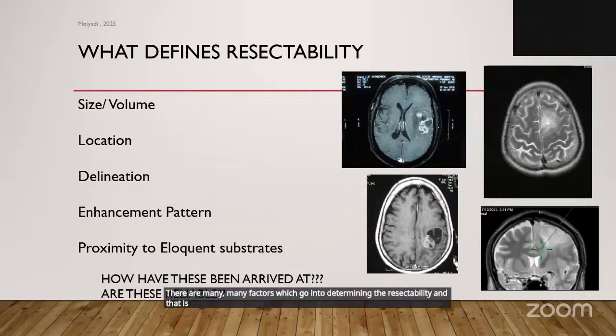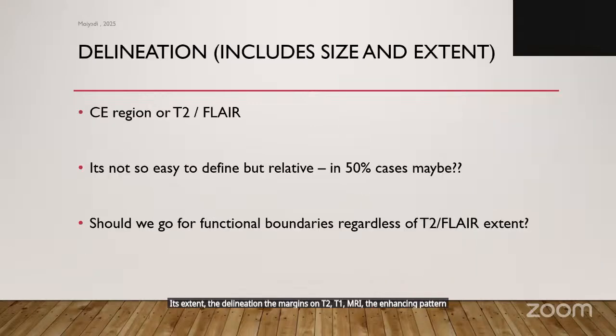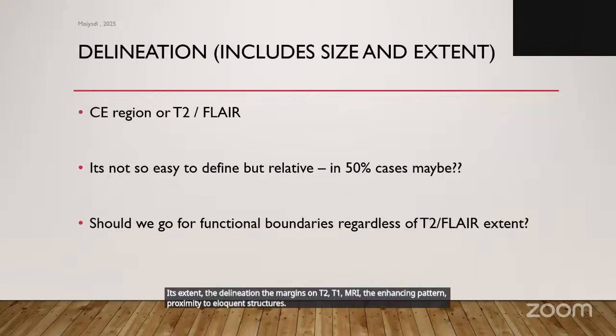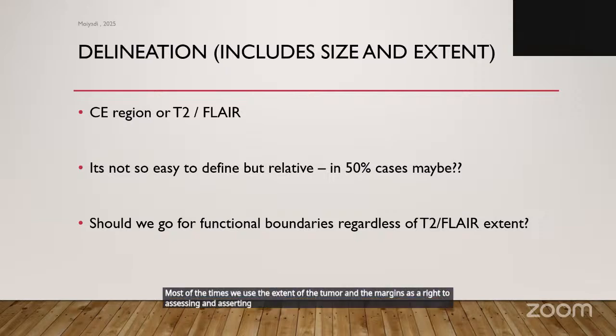and that is what neurosurgeons use a lot of the times, including the location of the tumor, the size, the volume, its extent, the delineation, the margins on T2, T1, MRI, the enhancing pattern, and the proximity to eloquent structures. Most of the times we use the extent of the tumor and the margins as a guide to assessing and ascertaining the possibility of a resectability.